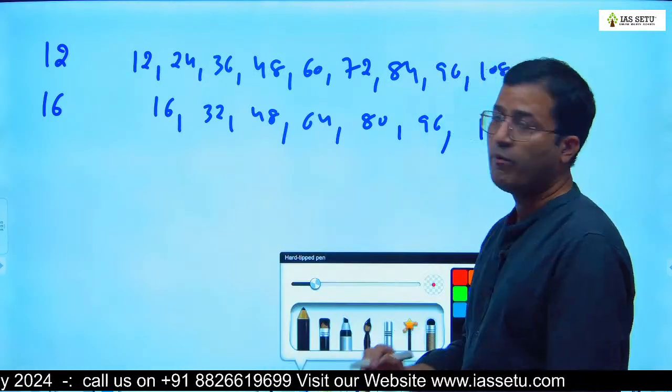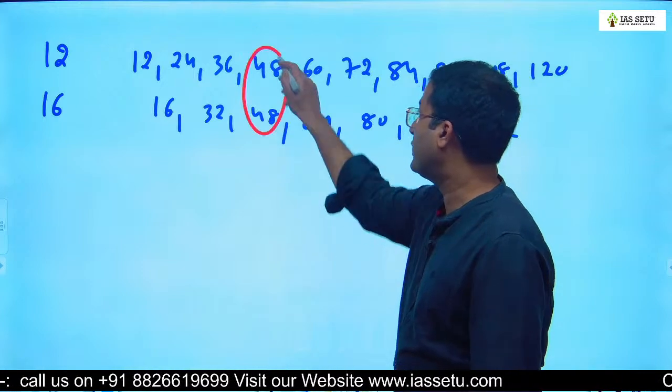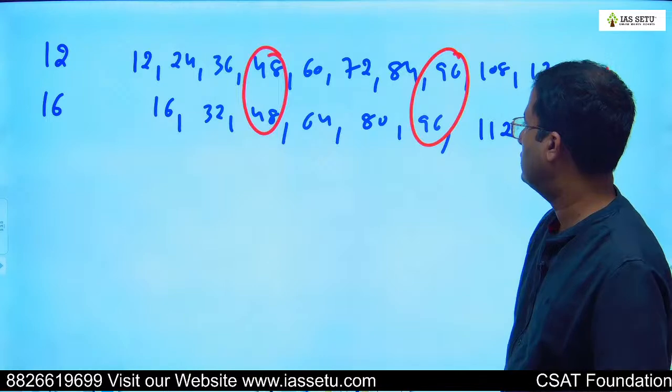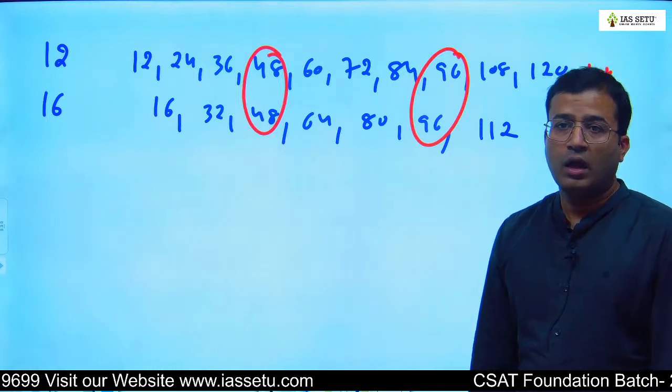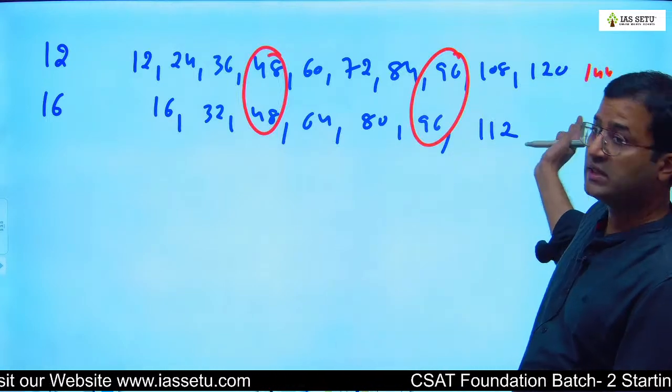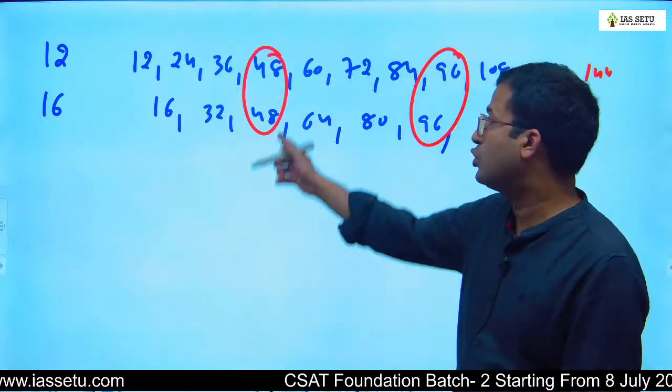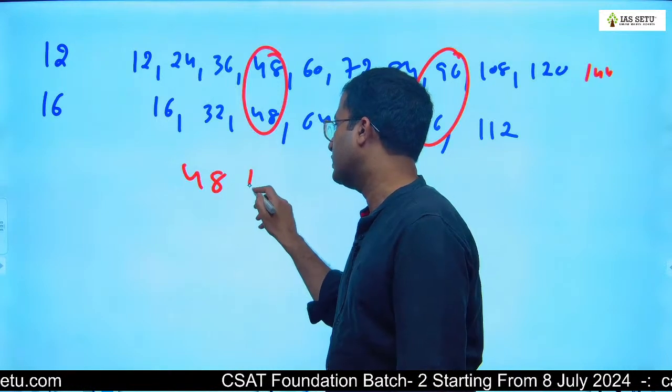We will see common multiples. 60, 120, 180. Tell me which one is the least. 60. So your answer is 60. Least.